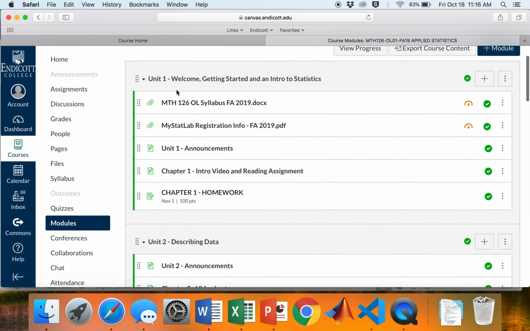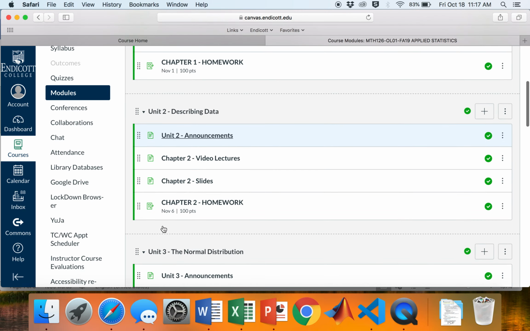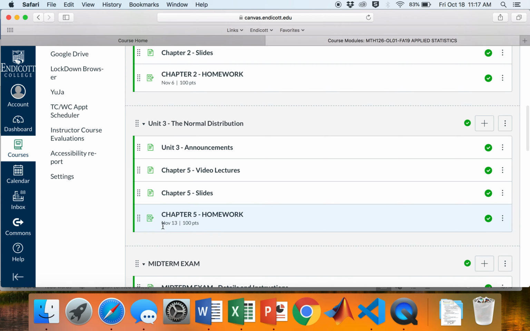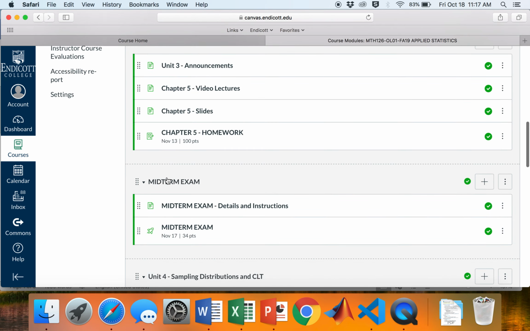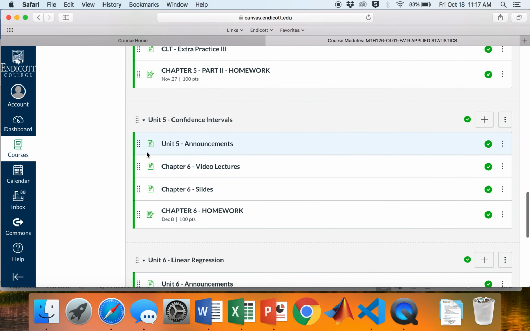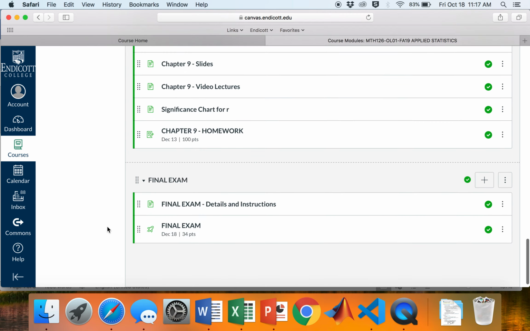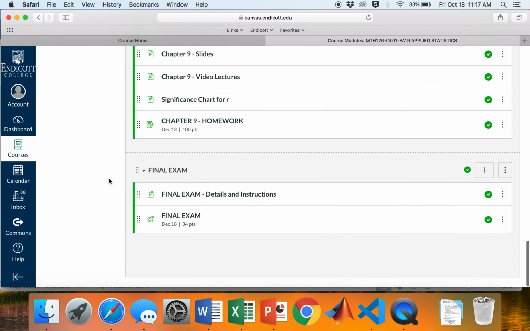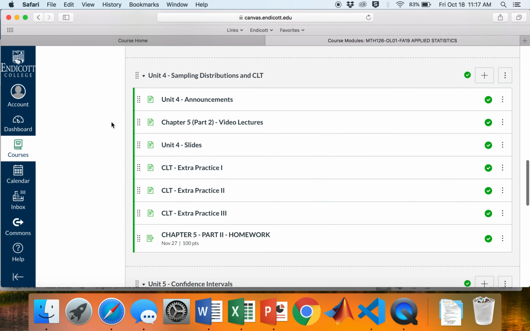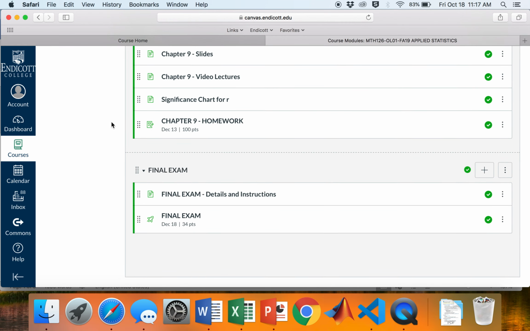The material is organized in units or topics, and there are 6 instructional units: units 1, 2, and 3, and then there'll be a midterm exam, and then 3 more units, 4, 5, and 6, and then a final exam. So the course is pretty easy to see how it's laid out. The midterm will cover the first 3 units, and the final exam covers the second 3 units, or the second half of the course.